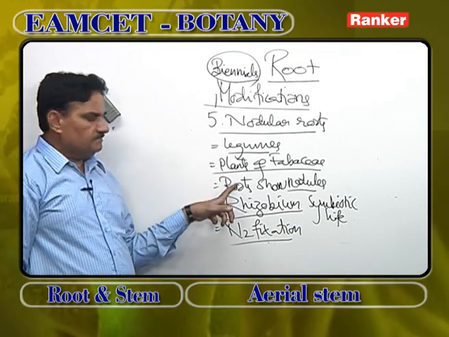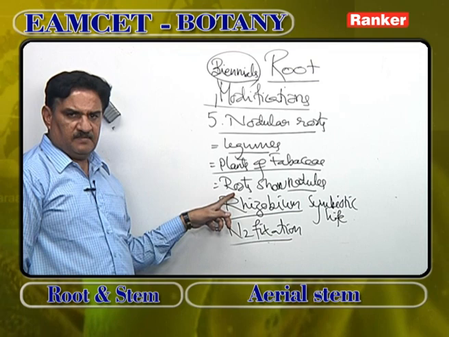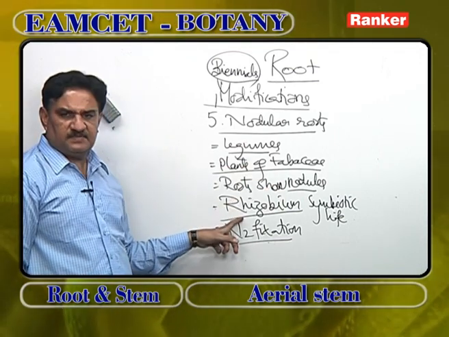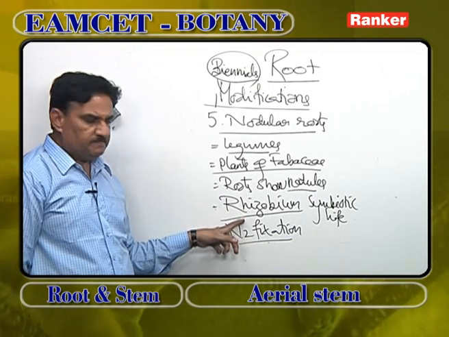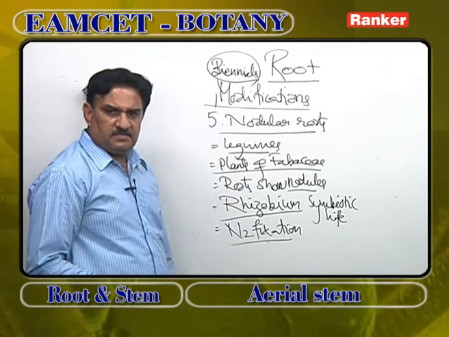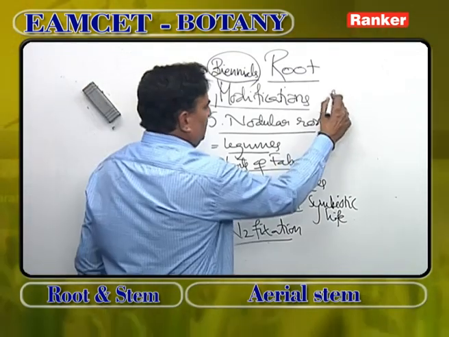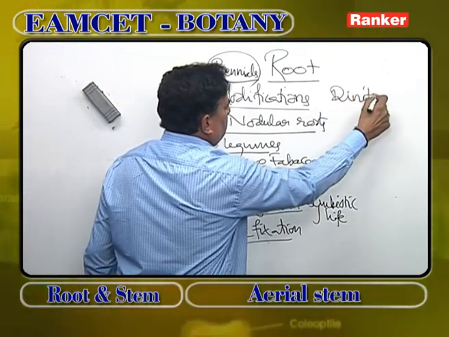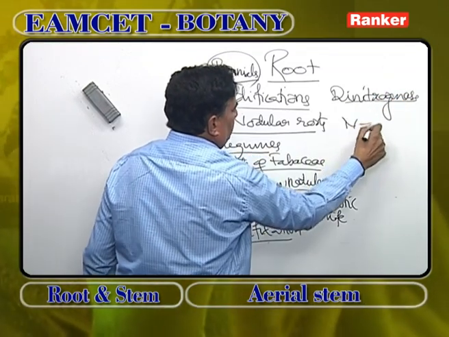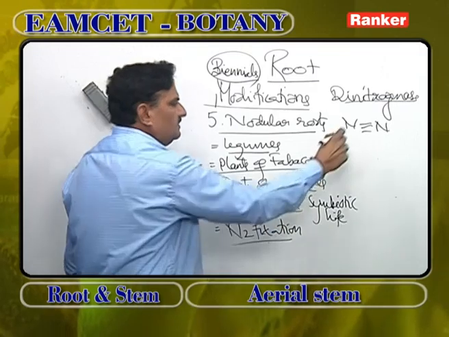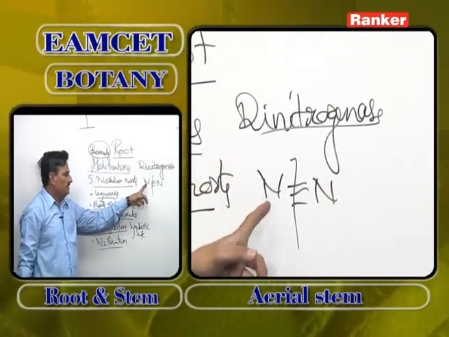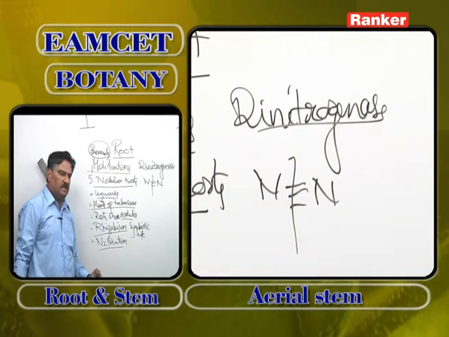Why? Because the plant will show special taproots, taproots will show nodules, nodules will show symbiosis with a special bacterium called Rhizobium, and Rhizobium helps in nitrogen fixation. Why does Rhizobium help in nitrogen fixation? Because Rhizobium contains a special enzyme called dinitrogenase which can break the triple bond between nitrogen atoms in dinitrogen.